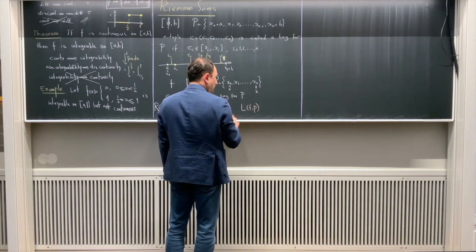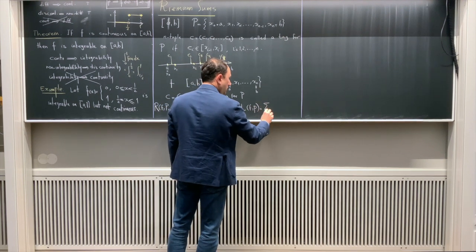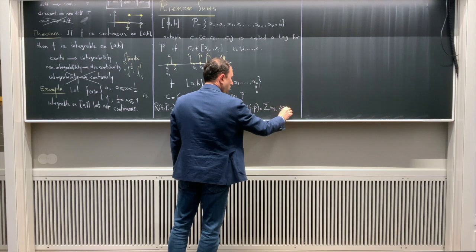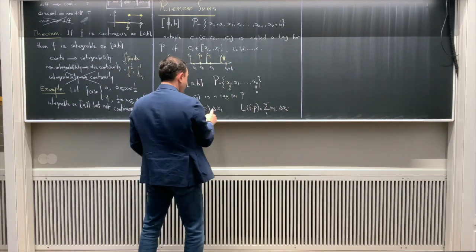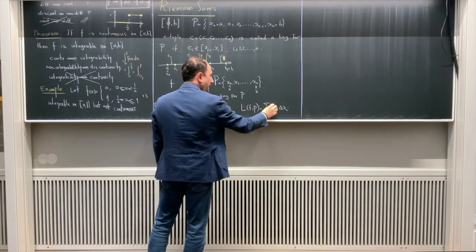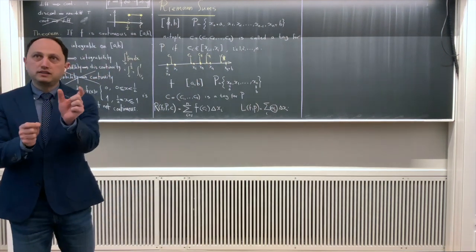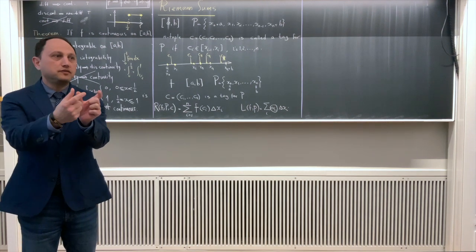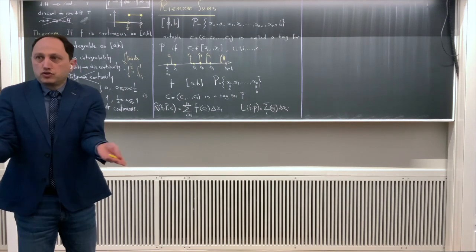So if I ask you what is the lower sum, you write sigma mi delta xi. So this delta xi part is similar, but instead of f of ci, I have mi. But mi is the minimum value on the ith interval. And if the function is continuous, that minimum is attained for some number.